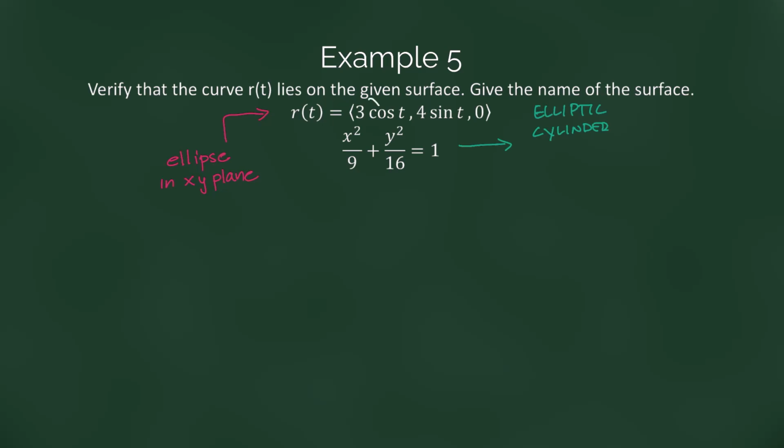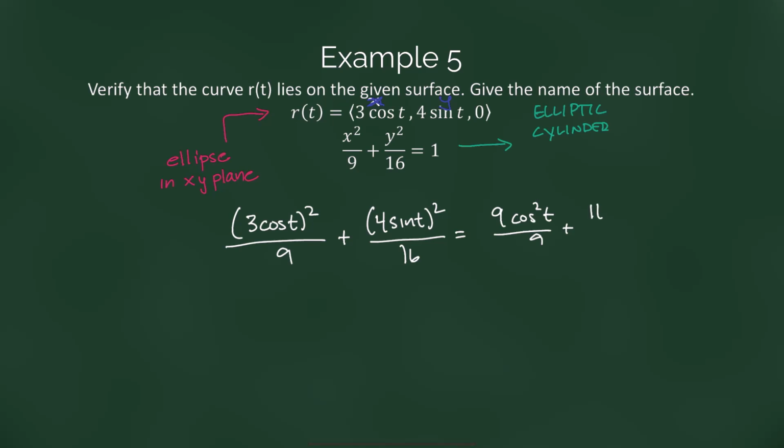Well, let's think about this as x, and let me use a different color here. We're going to think about this as x, and this is y. So if we plug those into our equation, we get 3 cosine of t squared over 9 plus 4 sine of t squared over 16, which is, of course, 9 cosine squared t over 9 plus 16 sine squared of t over 16, which is cosine squared of t plus sine squared of t when we cancel the 9 and the 16.